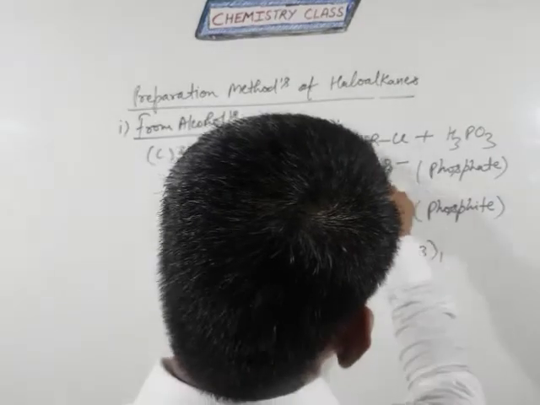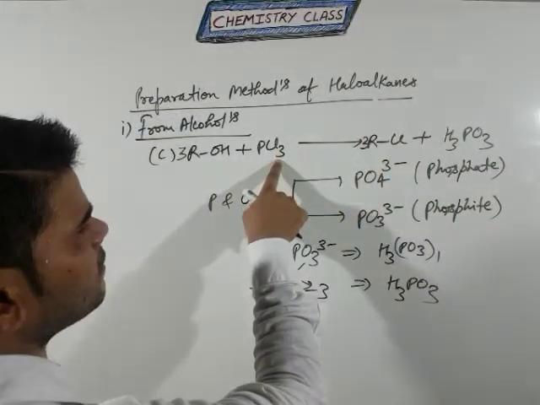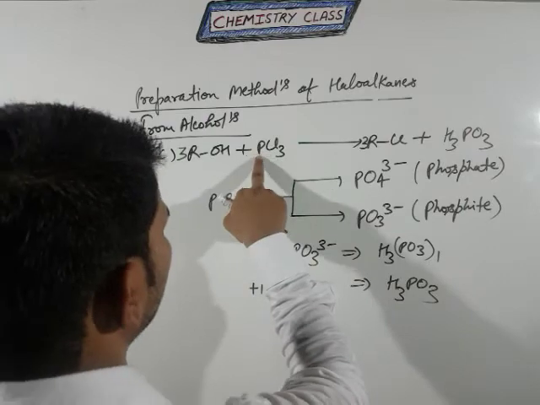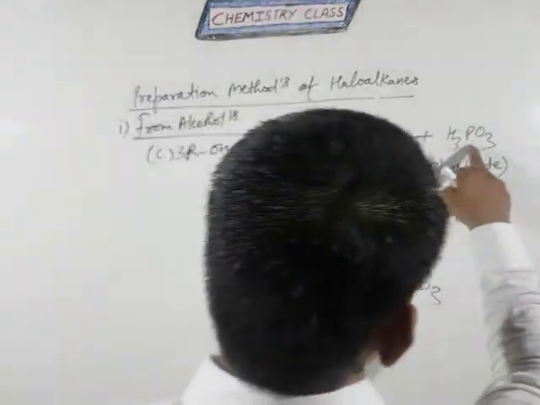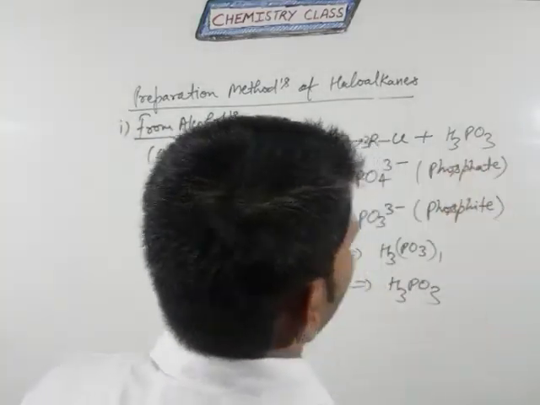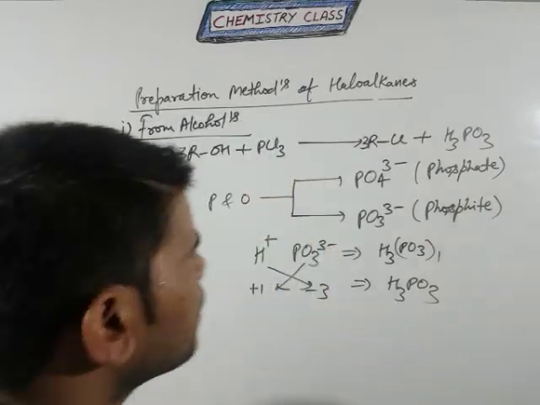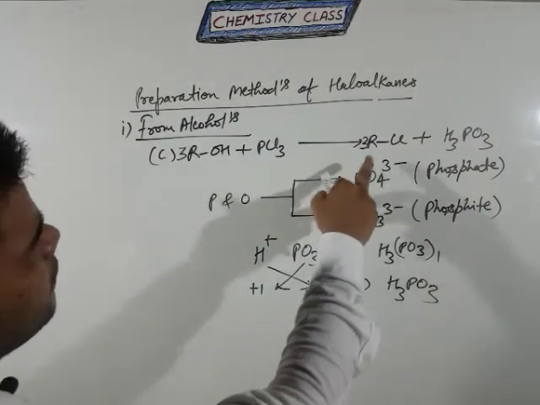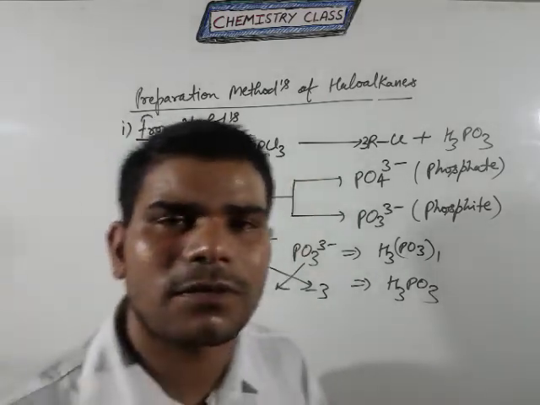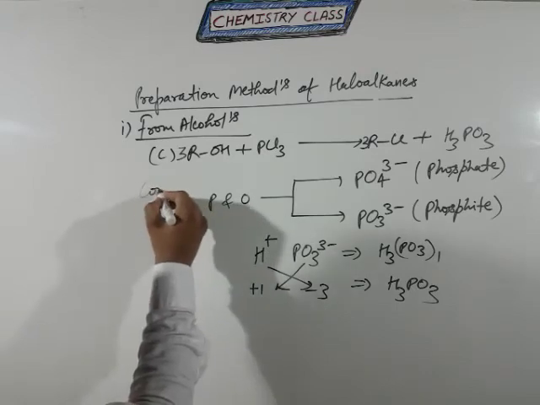Then how much Cl is there in this reaction? 3, already balanced. For phosphorus, here 1 and there 1, and oxygen 3 and 3. So you can easily prepare alkyl halide with the help of alcohol reacting with phosphorus trichloride. Clear?